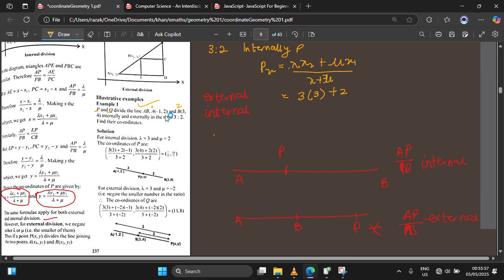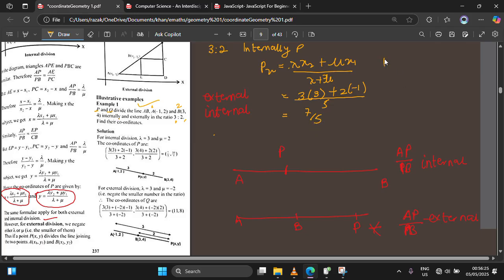Then what is x1? x1 is minus 2, minus 1. Lambda plus mu is 5 because it's 3 plus 2. So we have 9 minus 2, that's 7 over 5. So that is the value of x.